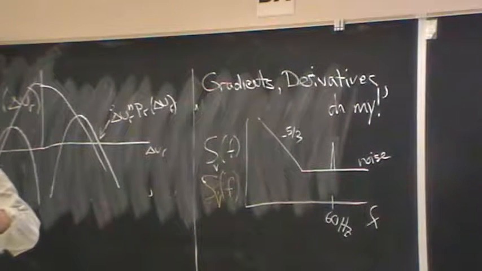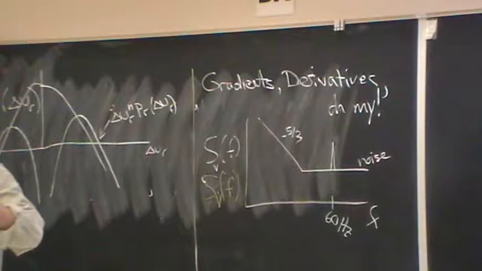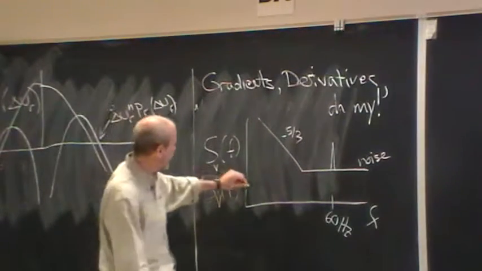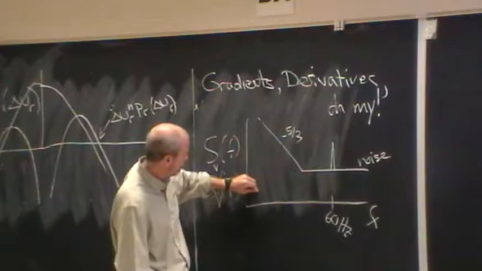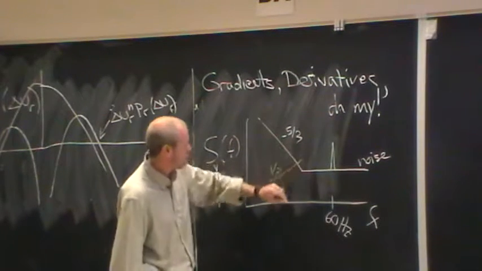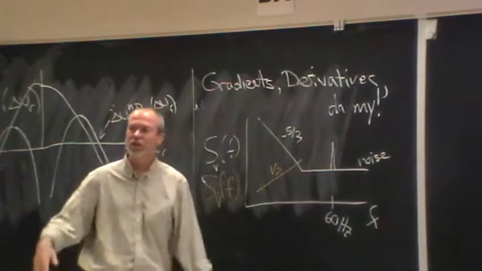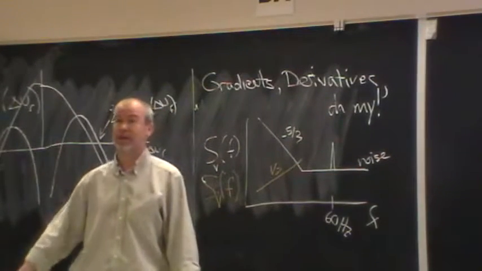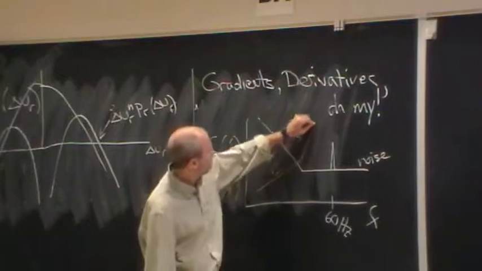No, plus 1/3 slope, I'm sorry. Okay, it's a plus 1/3 slope. So I'm going to have a slowly rising signal here with a 1/3 slope until I reach this point, and then this flat noise will suddenly become an F squared dependence. Okay?